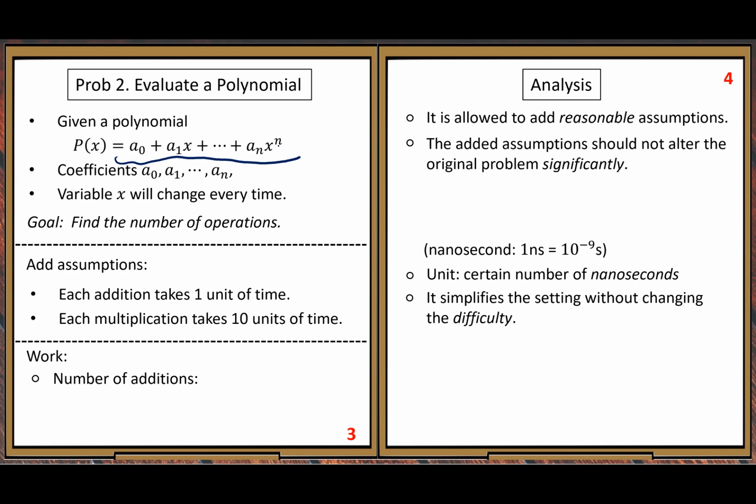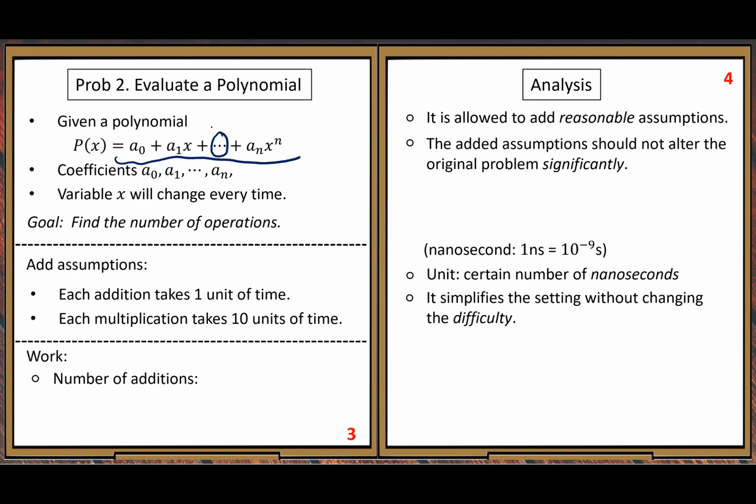But when you do the counting, because here we also have the dot, dot, dot, we have a keeping-track problem. How do you keep track of all the terms with dot, dot, dot?